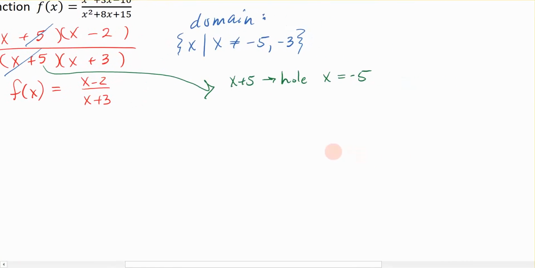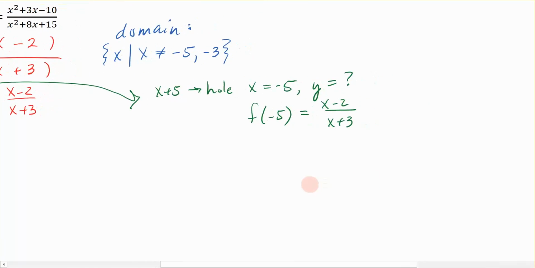Now because I have a hole in the graph, which is represented by a point on the graph, I need to know what the y value is when x is equal to negative 5. So I'm going to take my new simplified function, f of x is equal to x minus 2 over x plus 3, and plug in negative 5 for x.